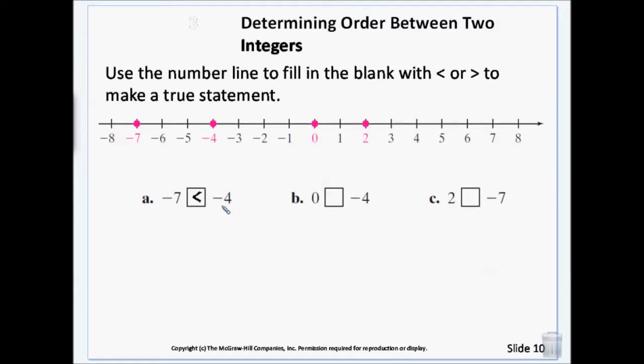So you actually have more money, so it's greater. 0 is greater than -4, and 2 is greater than -7. Positive is always greater than negative. It's better to have $2 than to owe somebody $7. It's actually better to have $0 than to owe somebody $4.